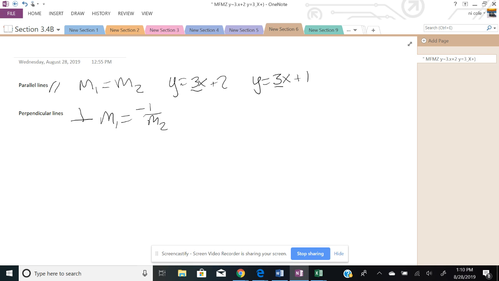Okay, so for example, if you had y is equal to 2/3 x plus 1, the perpendicular slope for the next equation would be negative 3/2. So the reciprocal means the numerator and the denominator switch positions, and you need it negative if that one was positive. But if 2/3 was negative, then 3/2 would be positive, plus 3. And that would make those perpendicular lines.